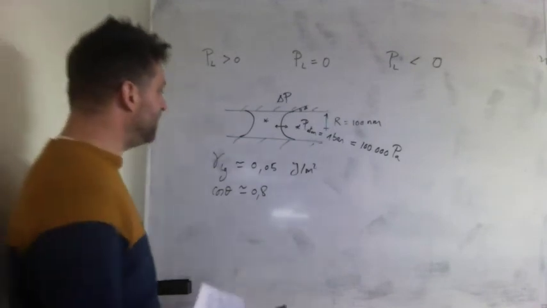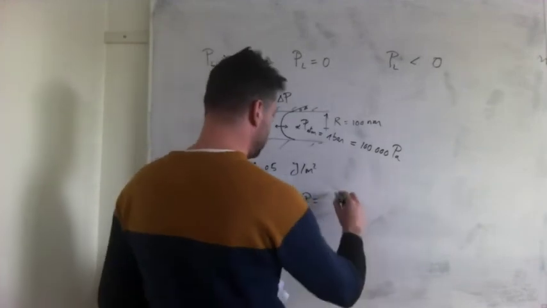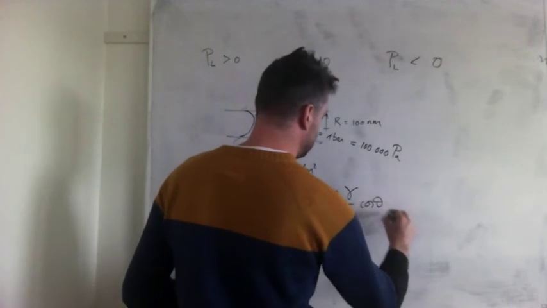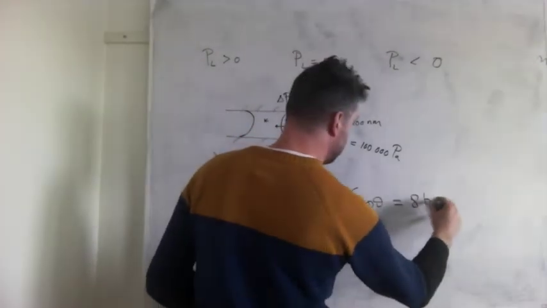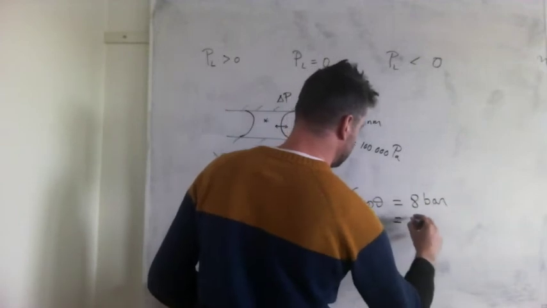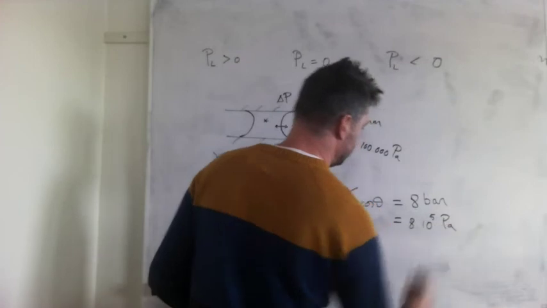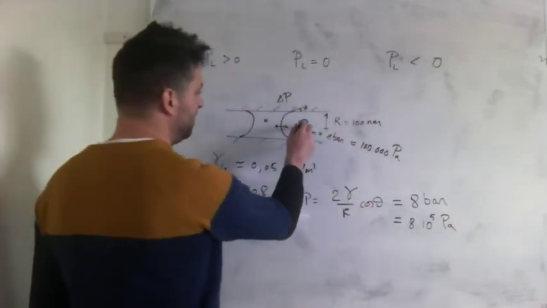Right, let's do a calculation. We know that delta P equals 2 gamma over R times cosine theta. And if you calculate that correctly, I think it was 8 bar, which equals 8 times 10 to the power 5 Pascal. And I know that the atmospheric pressure here is larger than here.